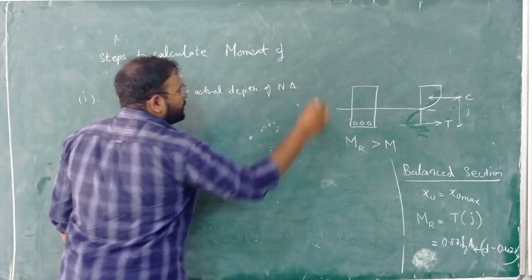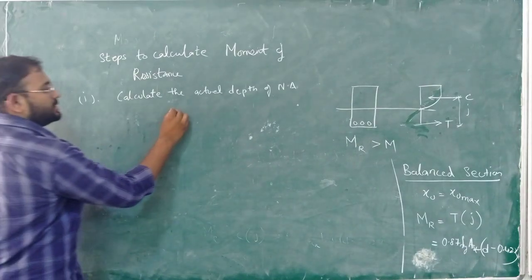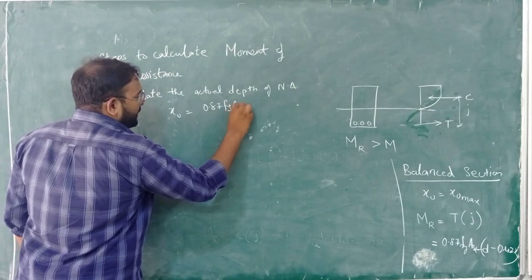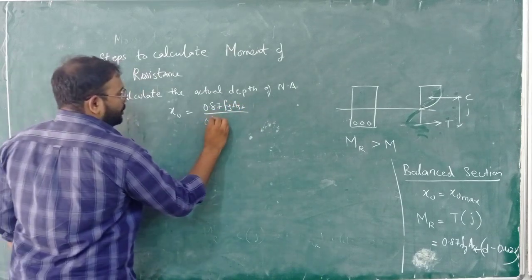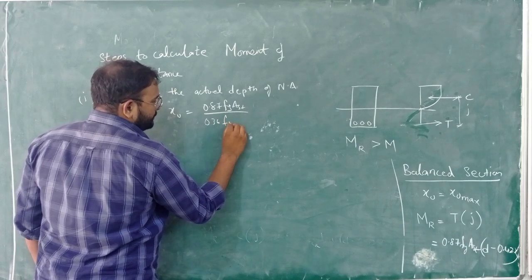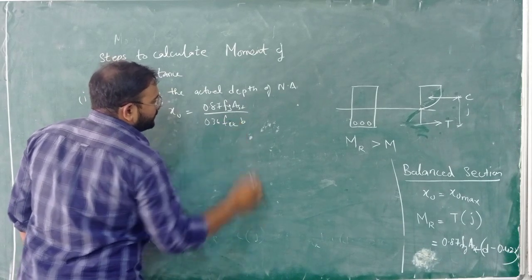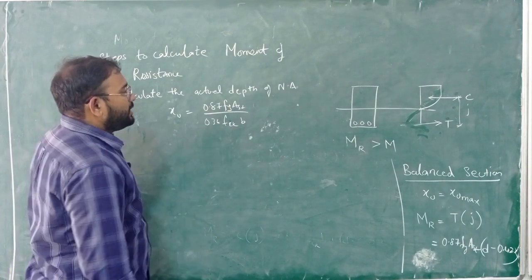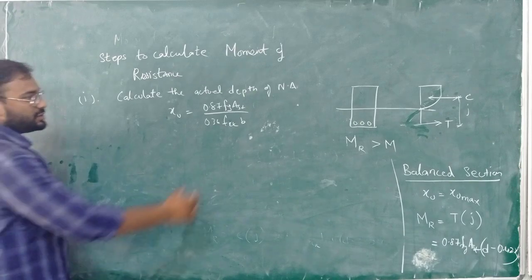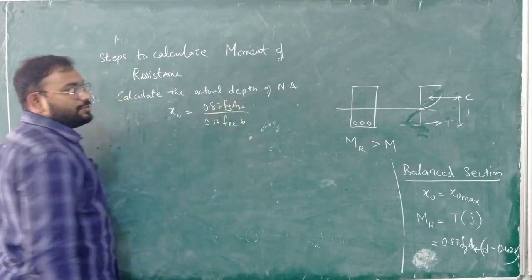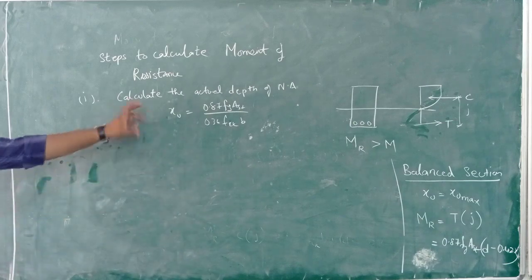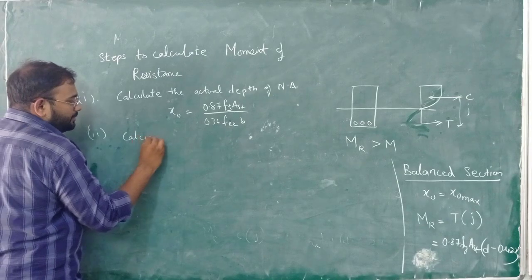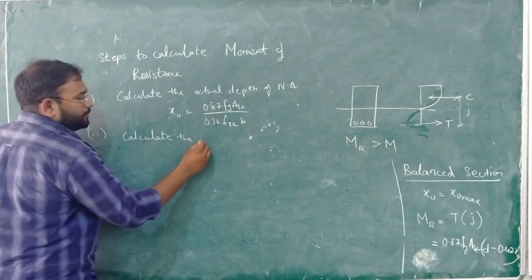So next, we'll discuss what are the steps to calculate moment of resistance. In this, the first step is you need to calculate the actual depth of neutral axis.